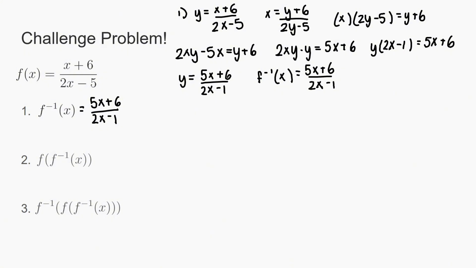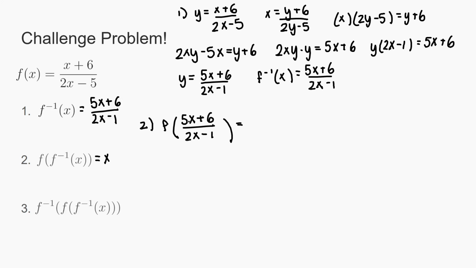If you remember, this composition is going to result in x. But let's say you don't remember and you want to check. We can do this as well. So we already found the inverse, so for question number 2, we can do f of 5x plus 6 divided by 2x minus 1.